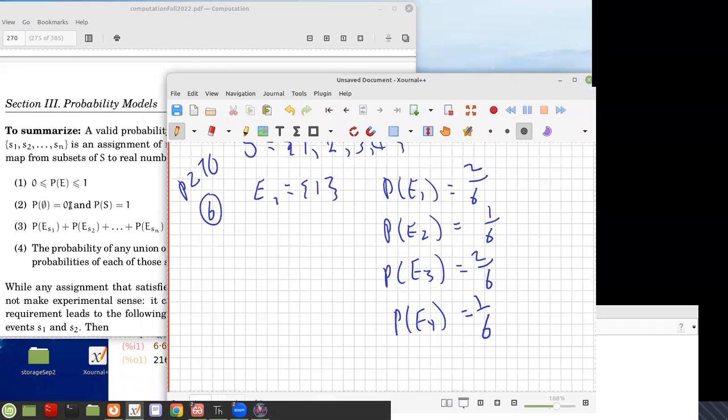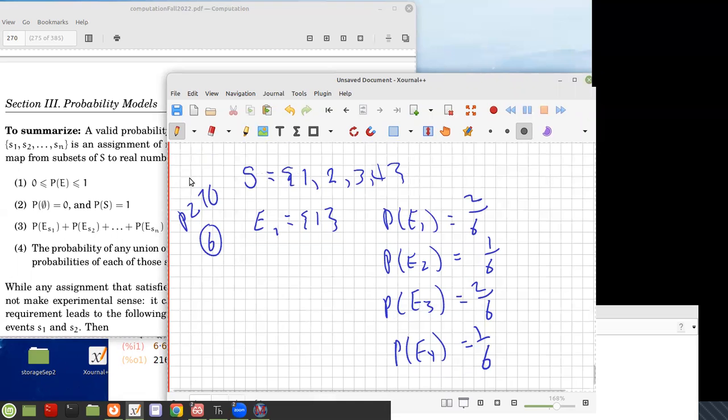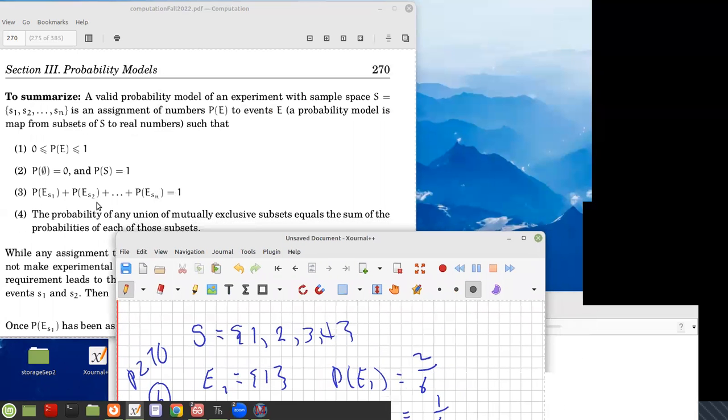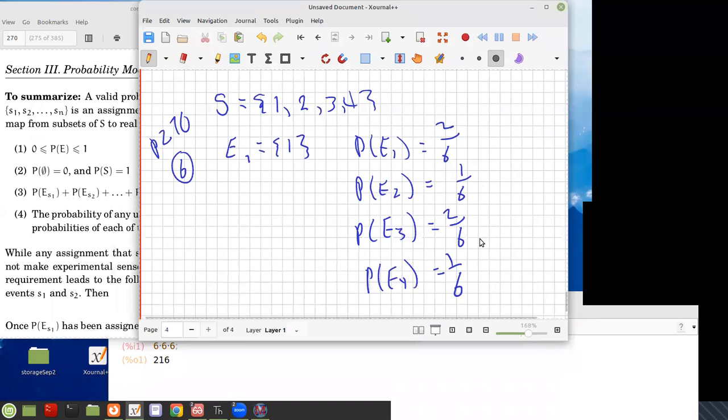And we're assuming that the probability of the empty set is 0, and the probability of the whole sample space is 1. And then the question is, do the probabilities of all the simple events add to 1? So we could just add these up and see whether they come to 1 or not.